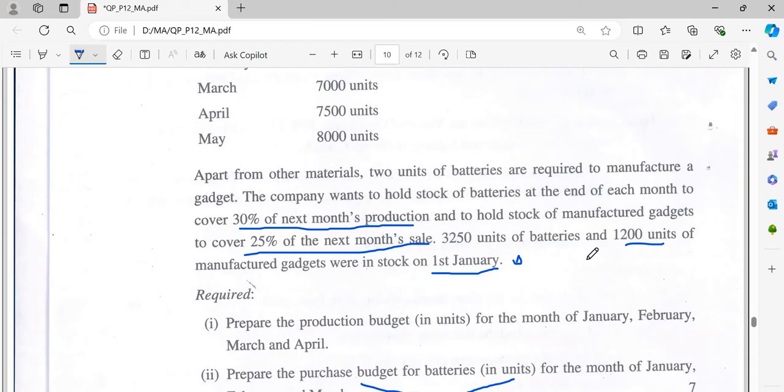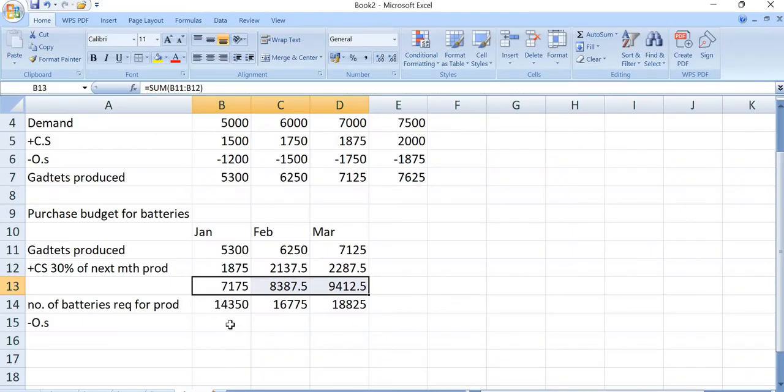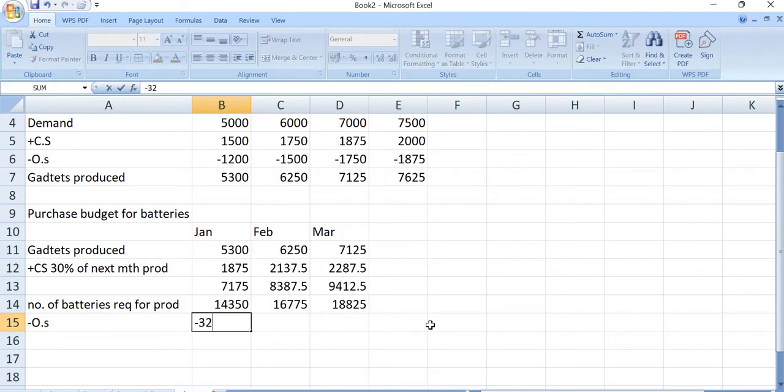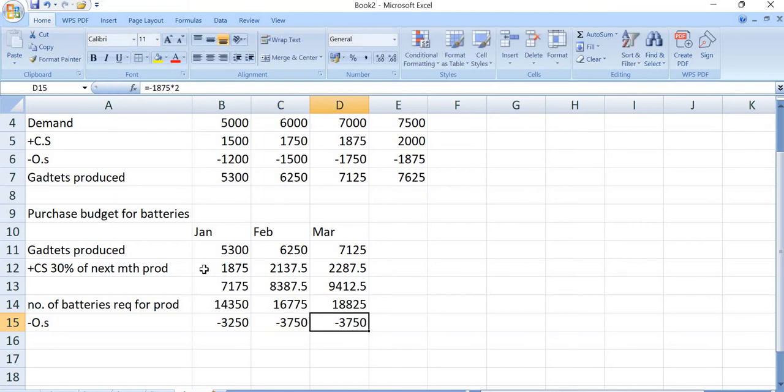So we have opening stock 3,250, right? Less 3,250. For next month we will be having the closing stock as 1,875 into 2, and here it is 2,137.